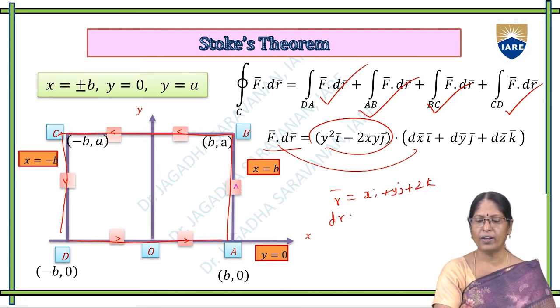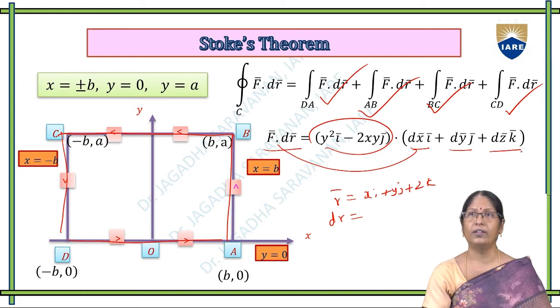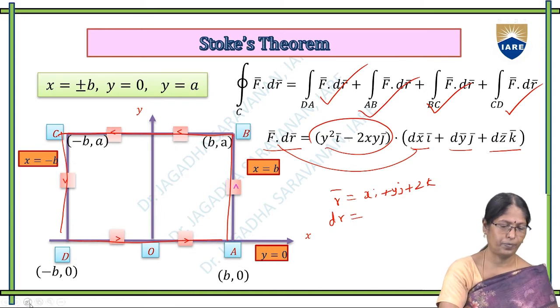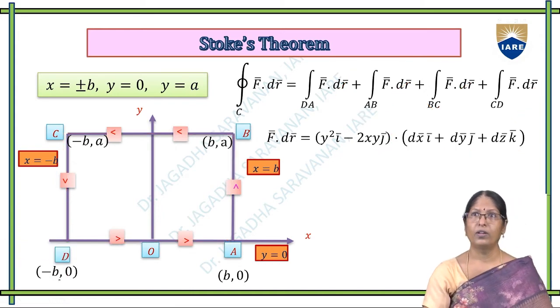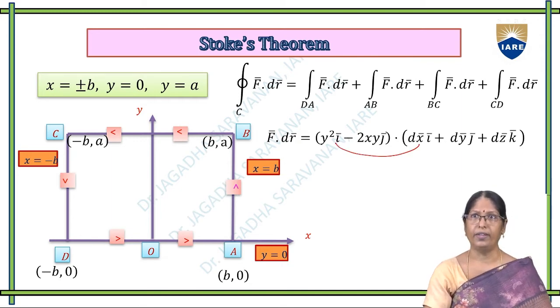So dr is dx i plus dy j plus dz k. Now we have to do the dot product. The dot product is i dot i, that is y square dx.